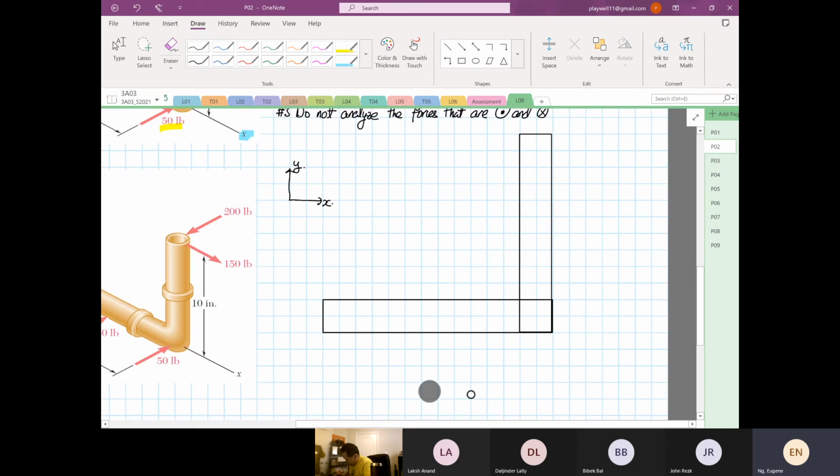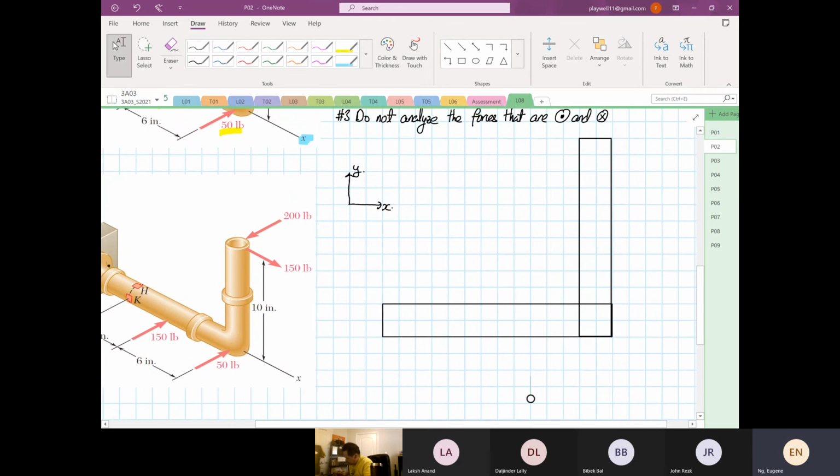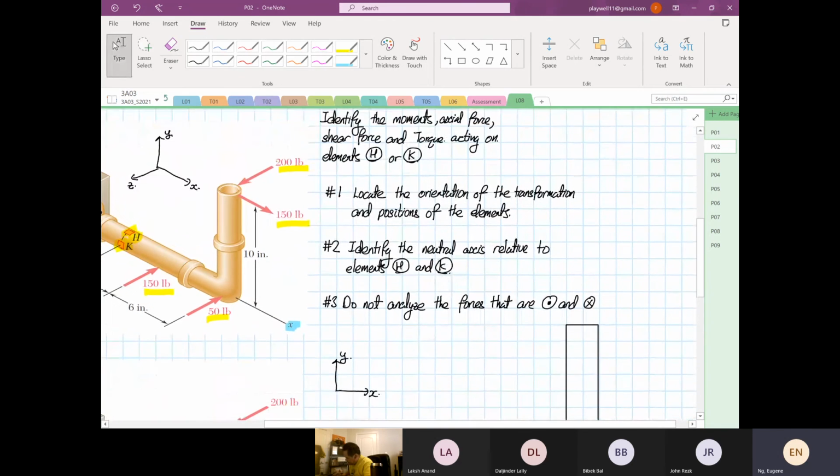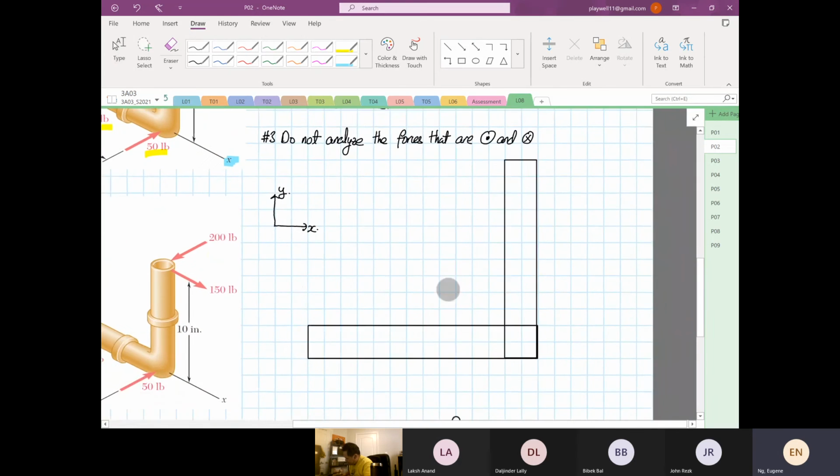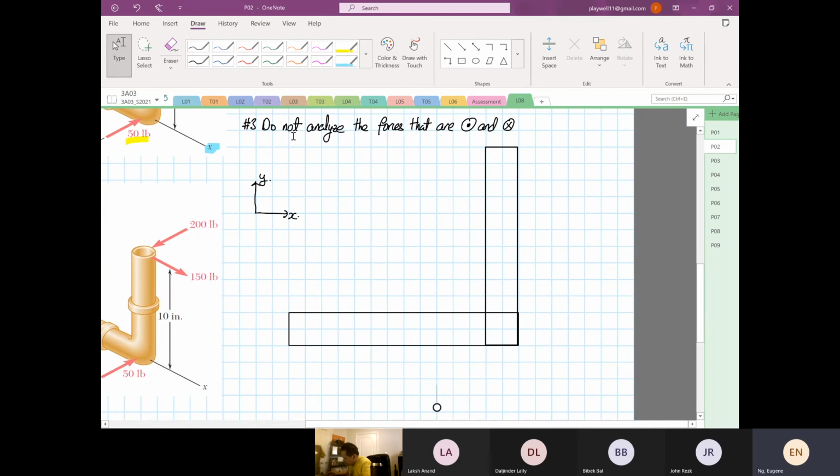So from here, we are going to identify the neutral axis relative to elements H and K. So let's draw elements H and K first.